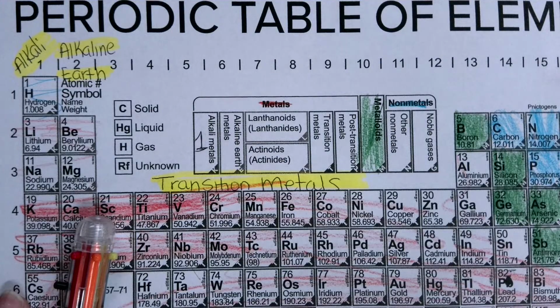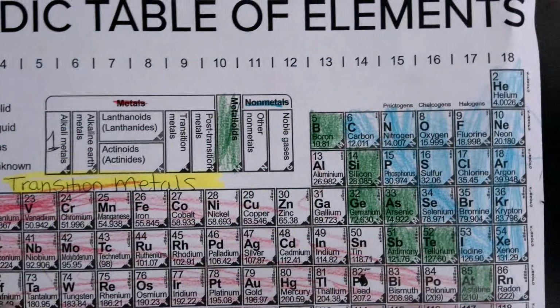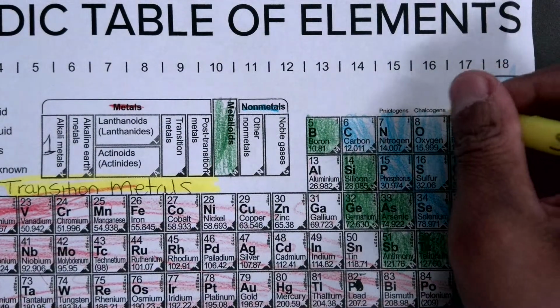Just to be honest, not every group has a name. Sometimes it just goes by the first element in the group. So it might be the carbon group, or the boron group, or the nitrogen group, or the oxygen group. The halogens, it's actually labeled right here.